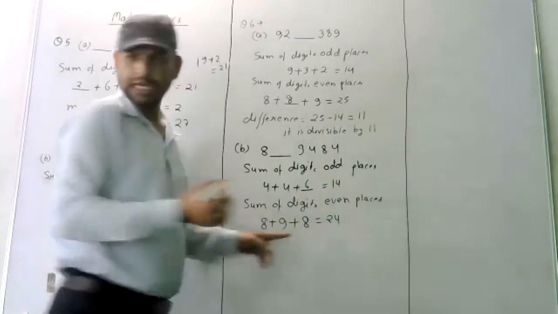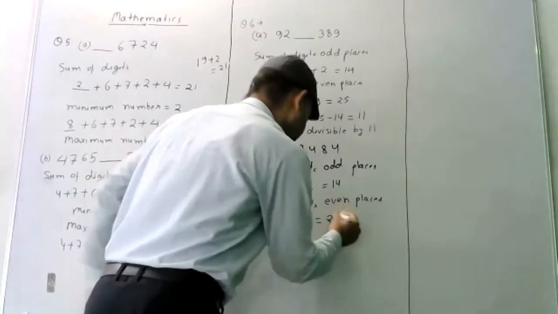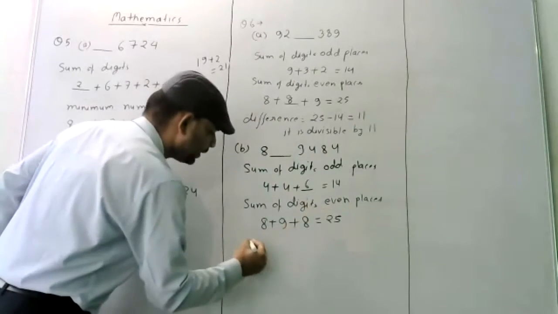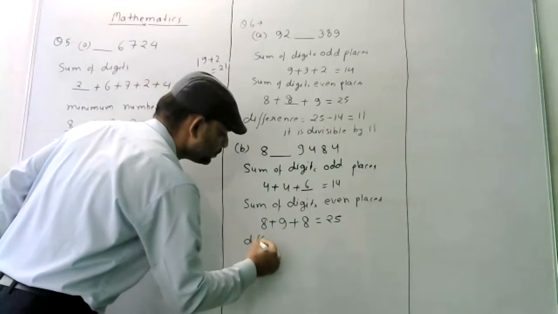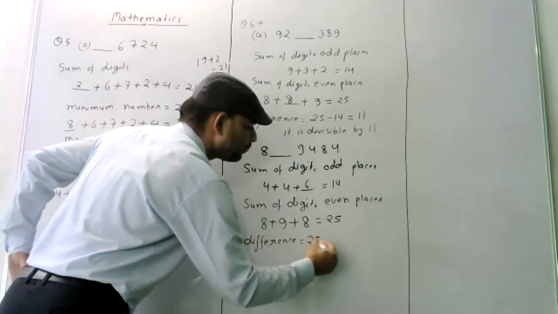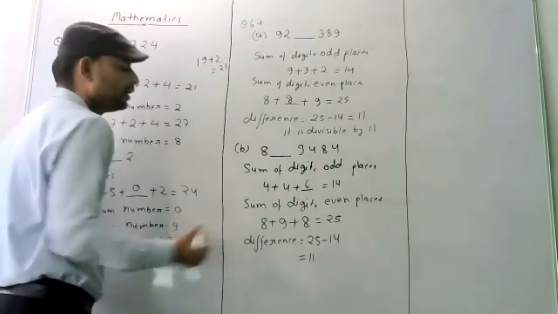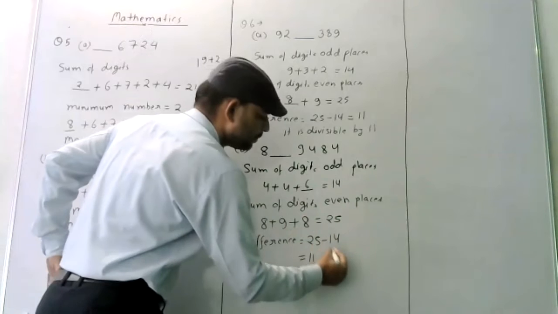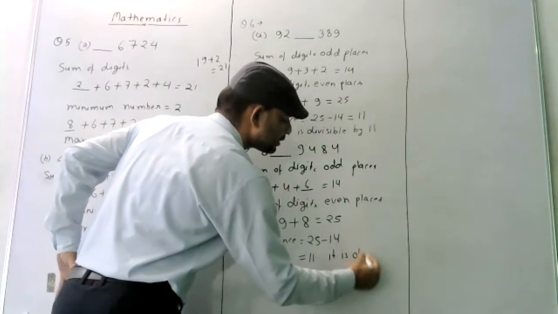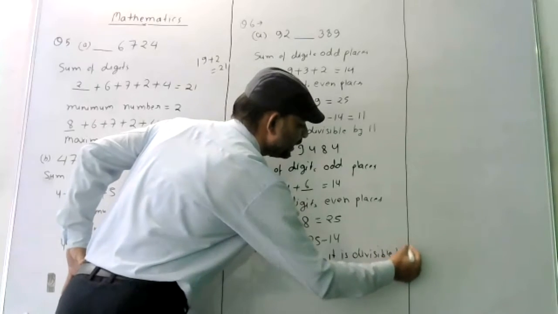So their difference here is 25 minus 14, which is equal to 11. So it is divisible by 11.